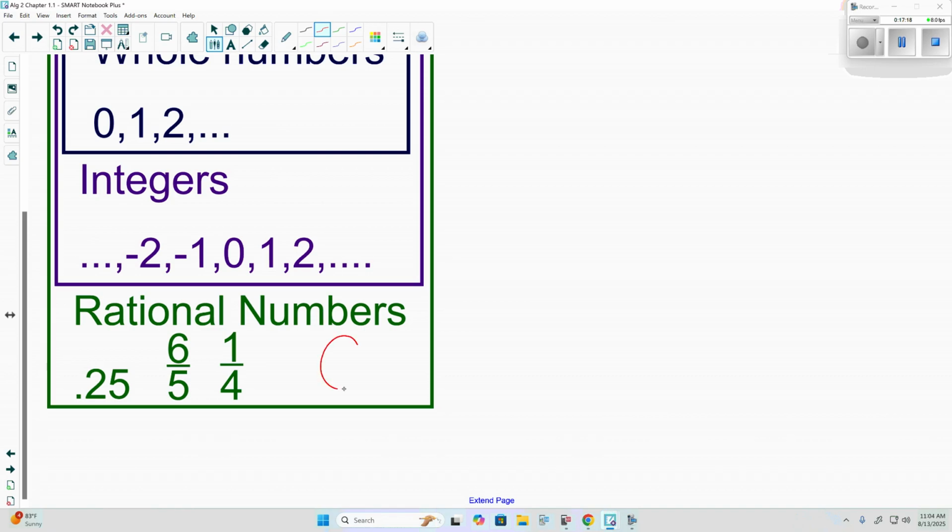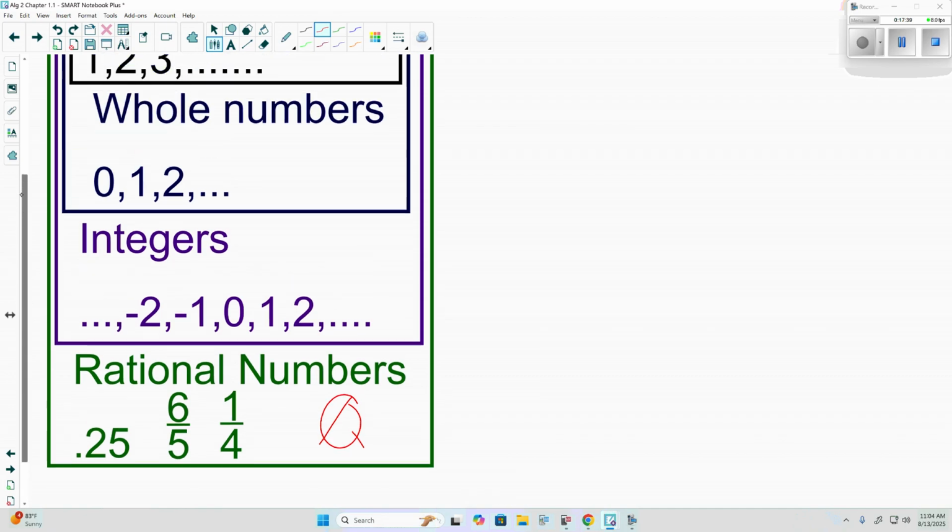And just like with all these here, we do have a symbol for it, and it is a Q with a line. R was already taken. We can't use the R with a line for rational numbers. Integers was our Z. We can call whole numbers a W. And natural numbers is our N. Questions on this so far?